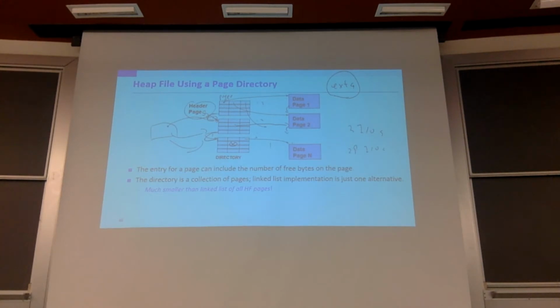But still, if you just have a linked list and you are accessing the very first page, you only pay 1 I/O. But if you are using multiple directories, the I/Os you are going to pay is the number of levels of indirection you have. But that's just a trade-off.